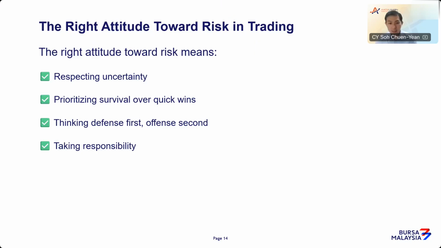Now, thirdly, you need to think defense first, okay? Offense comes second. The best traders think like world-class athletes. Now, I believe some of you are quite familiar with football, right? It's just like football games. Whether it's football stars like Lionel Messi, Cristiano Ronaldo, David Beckham, or even Michael Jordan in basketball, they all knew that in order to win games, it's not just by scoring goals, but also by preventing mistakes.